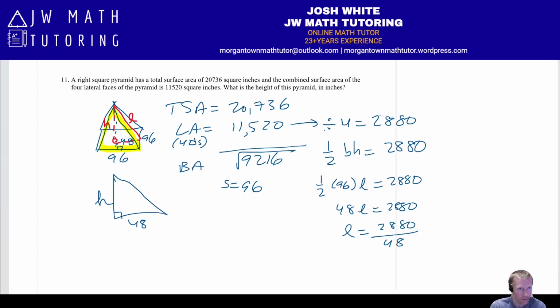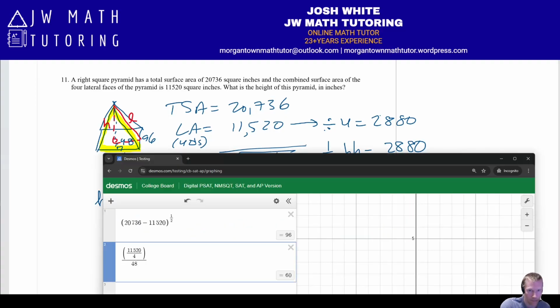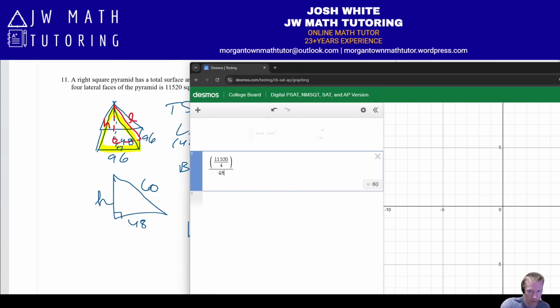So get rid of this. 60. Okay, now we can just set up Pythagorean theorem to solve for the overall height of the pyramid. So we have h squared plus 48 squared equals 60 squared. Let's just go back to Desmos and just do a regression.